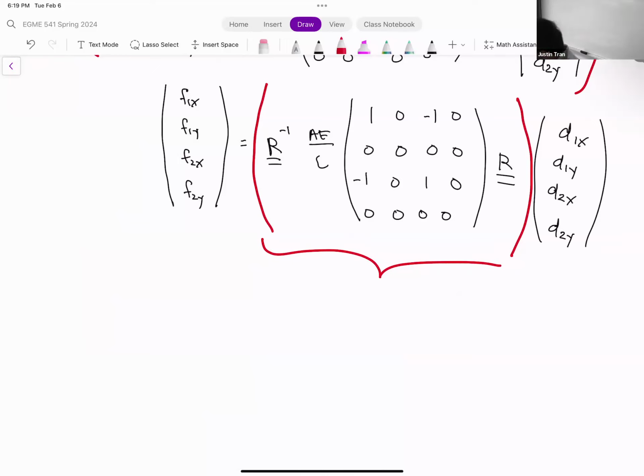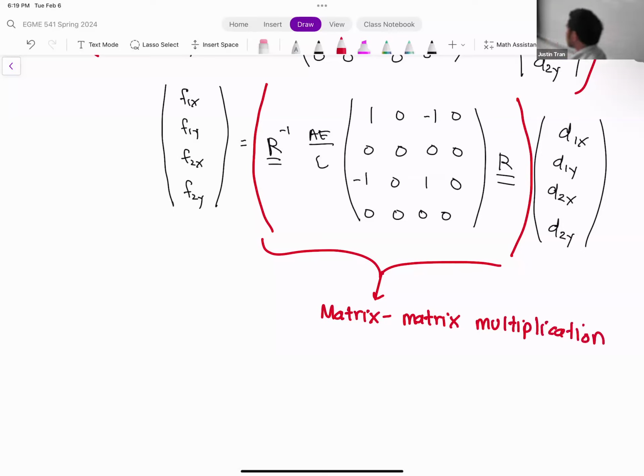First we perform that inverse, and after that we can perform our matrix multiplication. You're going to end up with a lot of sines and cosines. But this combination of three matrices multiplied together with the AE over L is our 2D element stiffness matrix.